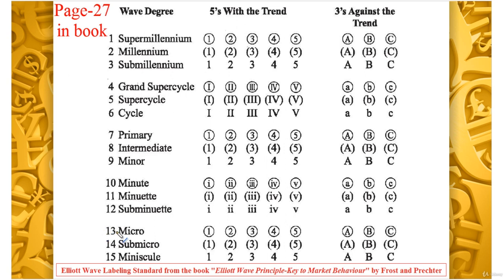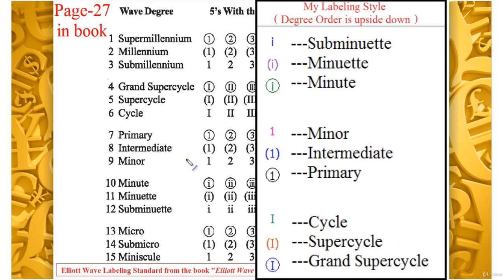The wave degrees are called micro, submicro, minuscule. And the labels are shown here. For convenience, we should use different colors for different degrees of waves. That will make it easy for us to read the trends and labels.